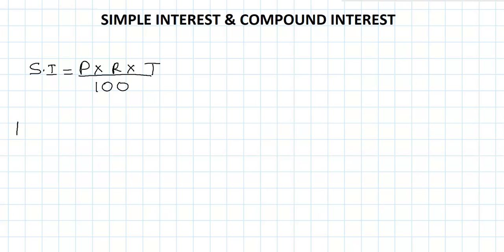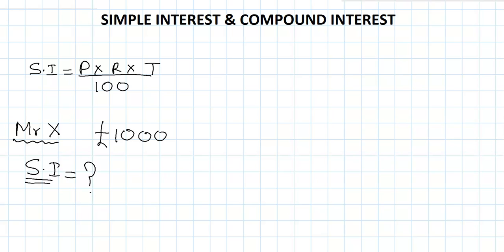Now, suppose Mr. X deposited £1,000 in a bank. Now, what will be simple interest? I'm putting a question mark here. SI means question mark.